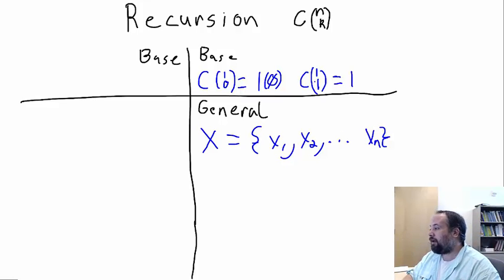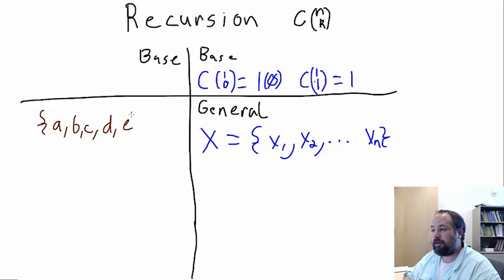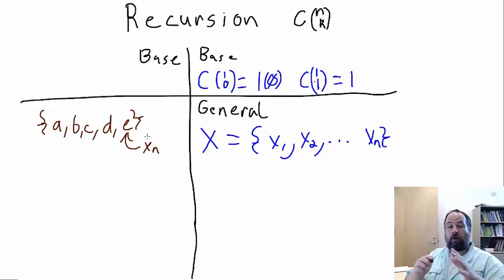If we were to put that into concrete terms, we might have a set X of A, B, C, D, and E. And that E right there is our x sub n, our nth element. So that's a concrete example of our general set.